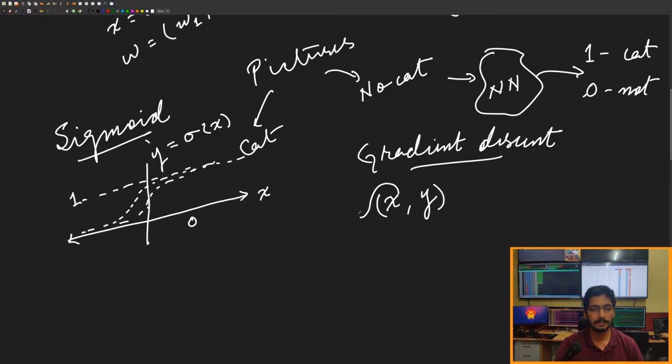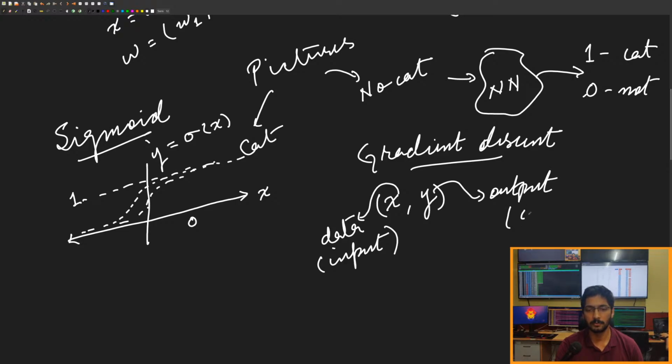My x is my data or the input, and y is an output. And in our case, the output is just a number between 0 and 1. Or rather, it's either 0 or 1, because that's what our network is predicting.